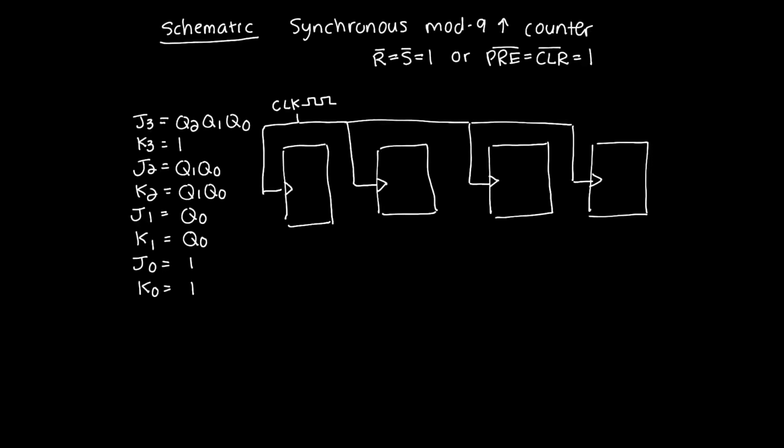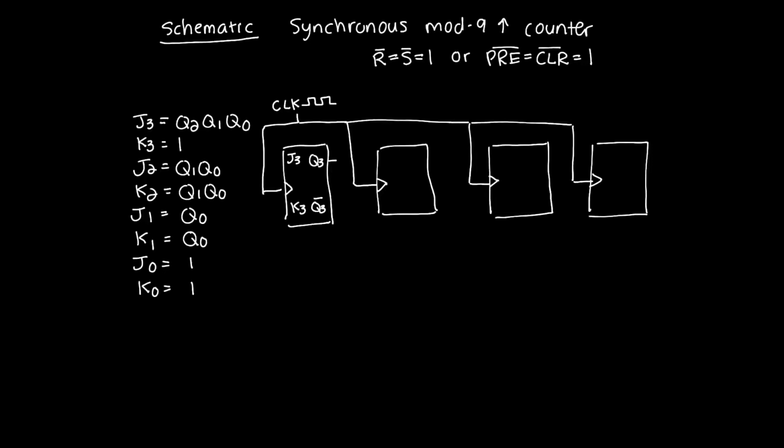Now, the other thing is that in a fully synchronous counter, so we said that this corresponds to Q3. And I'll show Q3 bar, but the counter outputs always come from Q. If you'll recall, when we were doing asynchronous counters or ripple counters, we said that you could take either the Q or the Q bar outputs as the counter outputs.